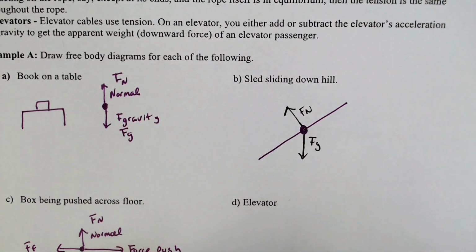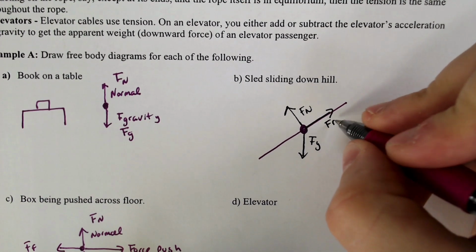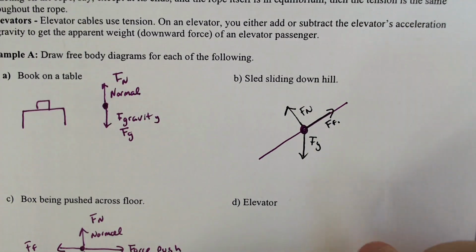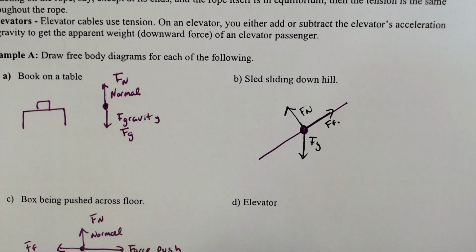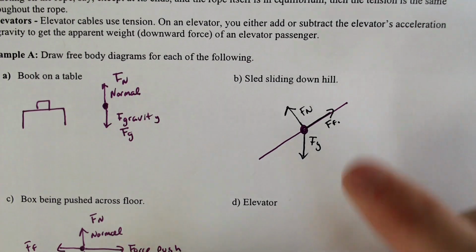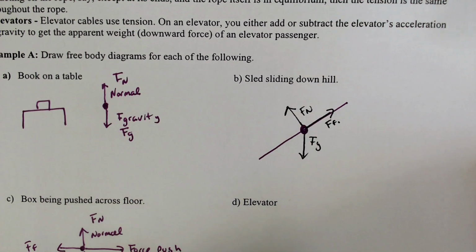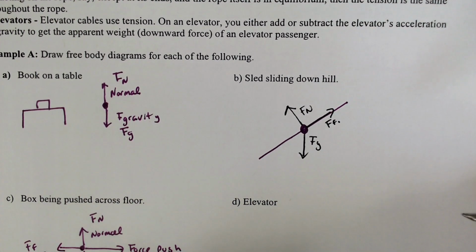Friction will be always, always, always parallel to the surface you are dealing with. Force of friction. And it would be going in the opposite direction of which the object is traveling or pushed or what not. In this case, it's not being pushed. If it was being pushed, we would have another arrow down this way, but it's not. It's just sliding down the hill.